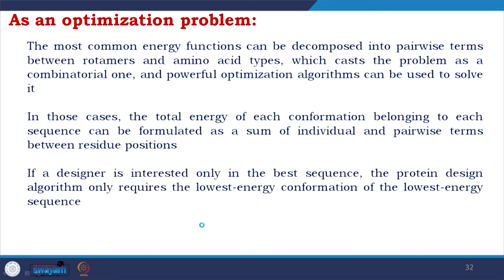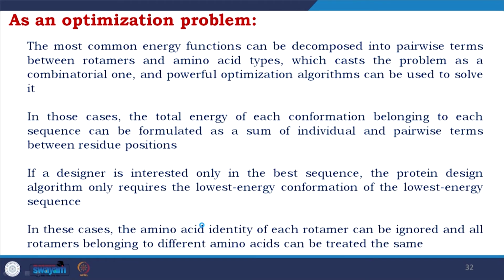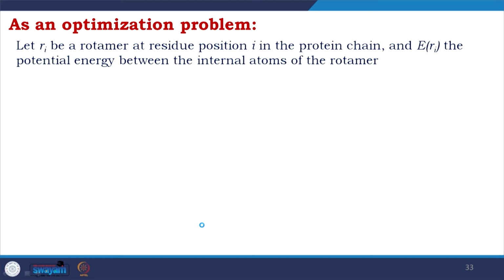If a designer is interested only in the best sequence, the protein design algorithm only requires the lowest energy conformation of the lowest energy sequence. So, if you fix them, then you could get rid of a lot of calculations. In these cases, the amino acid identity of each rotamer can be ignored and all rotamers belonging to different amino acids can be treated as the same to reduce the computation.